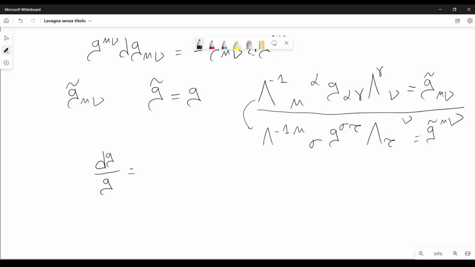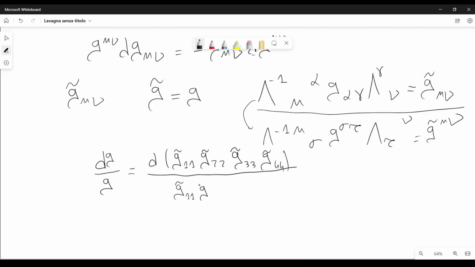Now if we consider dg over g, this is equal to the differential of g tilde_{11} g tilde_{22} g tilde_{33} g tilde_{44}, divided by g tilde_{11} g tilde_{22} g tilde_{33} g tilde_{44}.